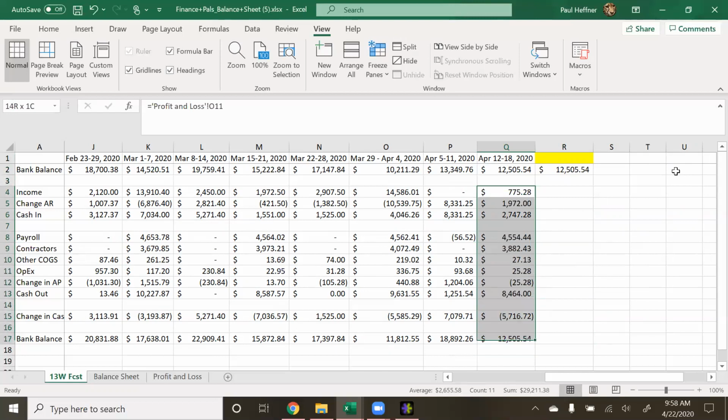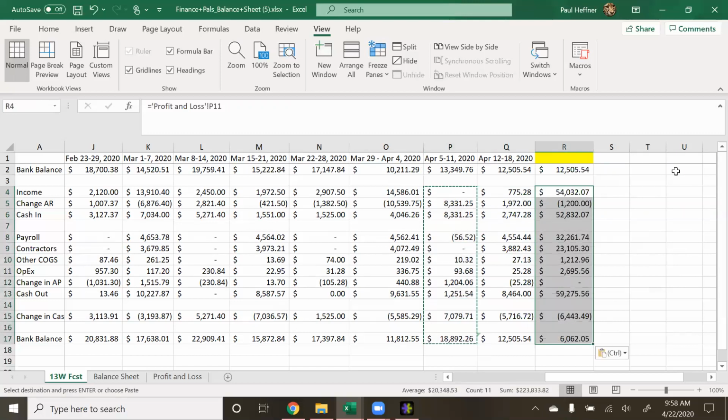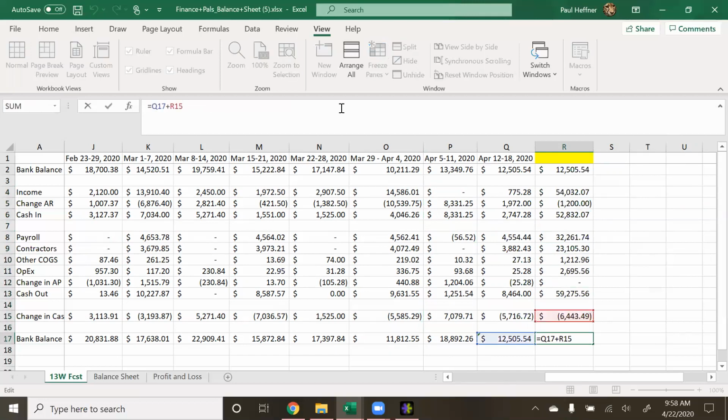These formulas, I'll change our formulas around a little bit. So this will equal Q2. Equal, well, it's really this one, R2.